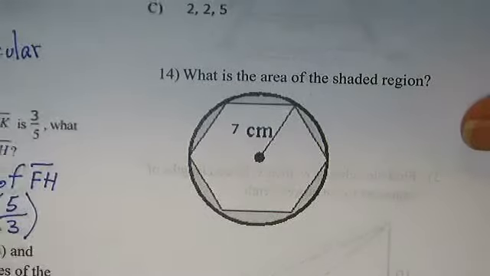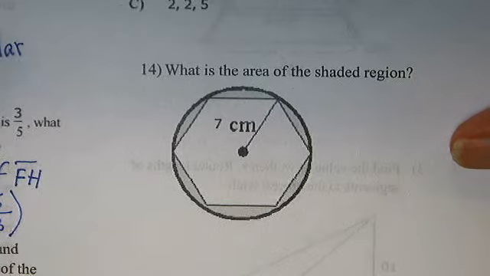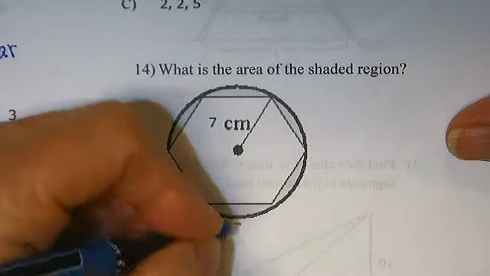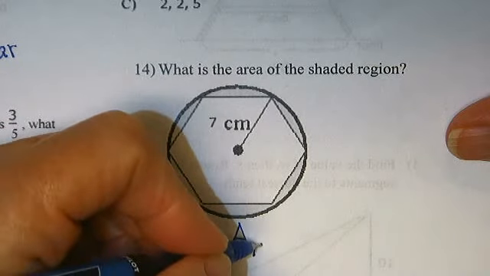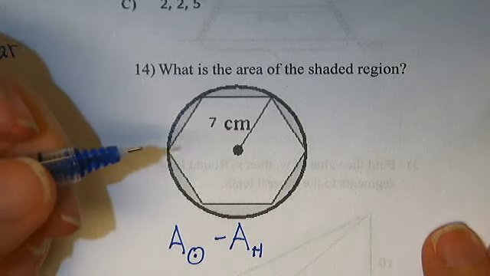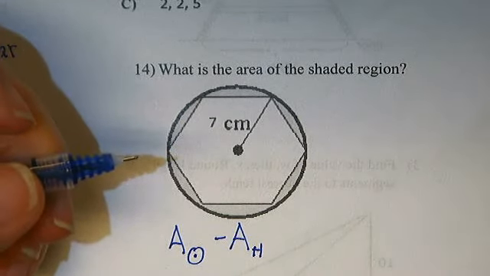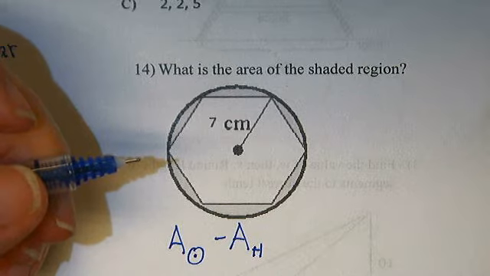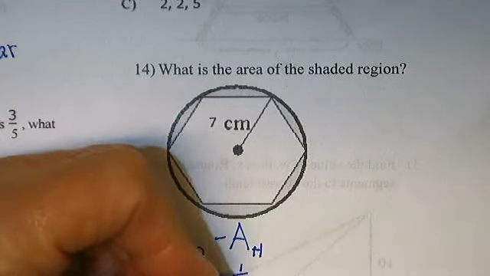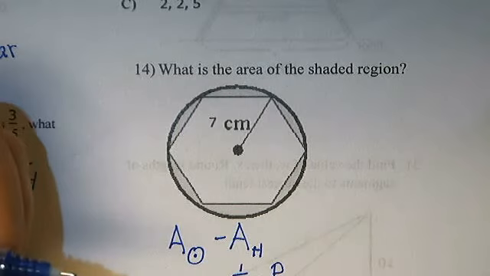Problem 14. What is the area of the shaded region? The area of the shaded region is the area of the circle minus the area of the hexagon. We assume a regular hexagon. The area of any polygon is equal to 1/2 the apothem times the perimeter.